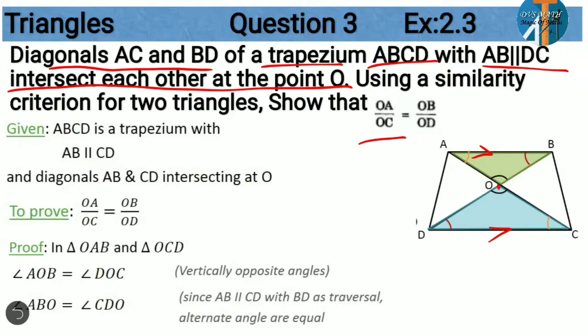What is the given? ABCD is a trapezium, and AB is parallel to CD. Everything will be in the question only.